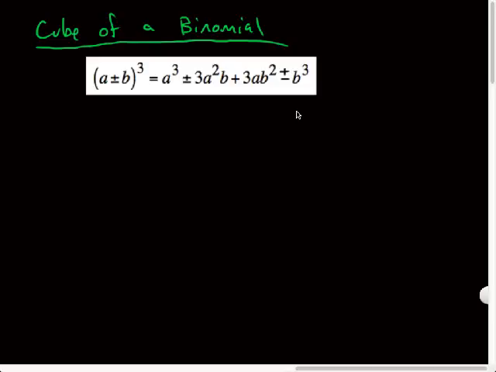Sorry, it was just a minus sign a second ago. So, if it's a plus b, then everything's positive, because it'd be a cubed plus 3a squared b plus 3ab squared plus b cubed. If it's a minus b, the signs actually alternate from positive to negative to positive to negative. So that's kind of intriguing.